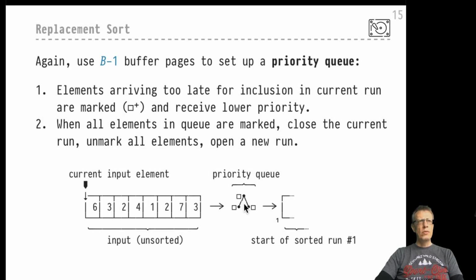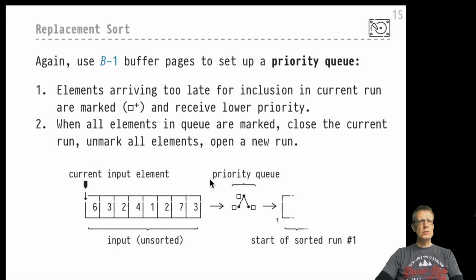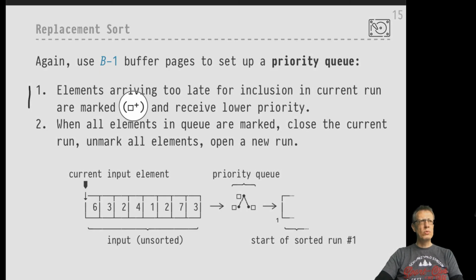All right, there will be one additional annotation on the elements that are placed in this priority queue, mentioned in bullet point 1 here. We will have this small plus sign annotated at the elements in our priority queue if they arrive too late to be placed into the output sorted run.